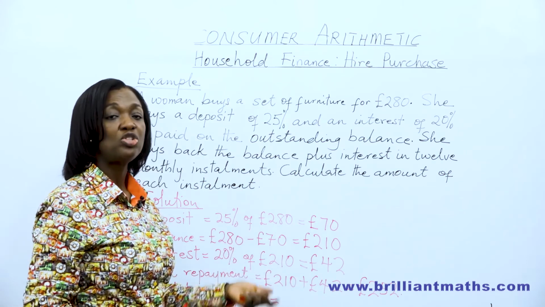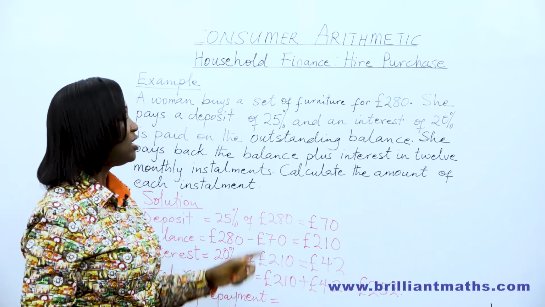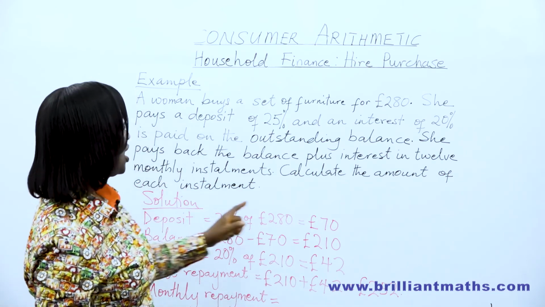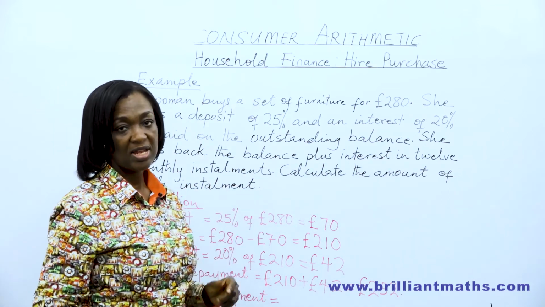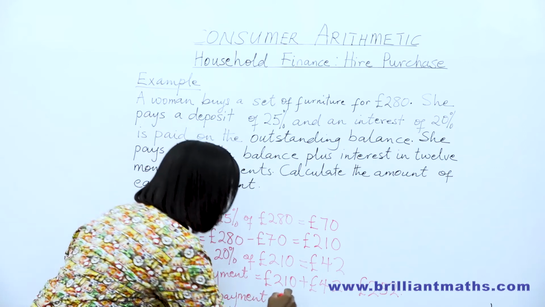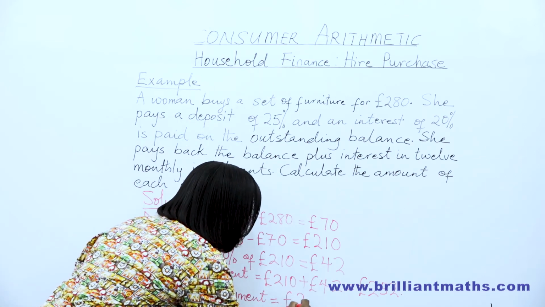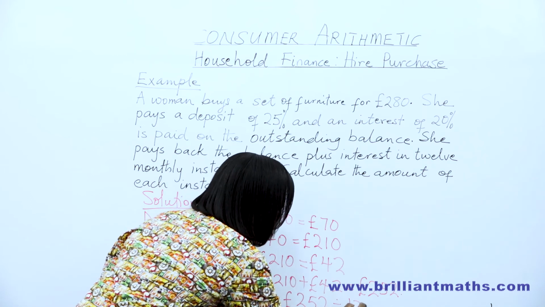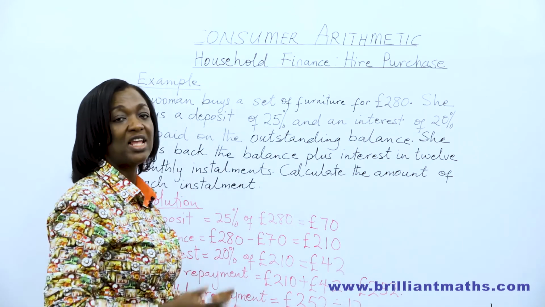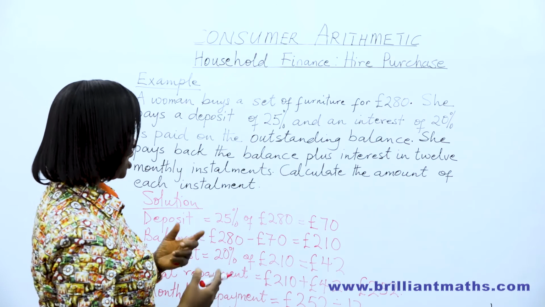But how is she going to pay that amount back? She pays it back in 12 monthly installments. That means you divide 252 by 12 to get the amount she pays back each month.